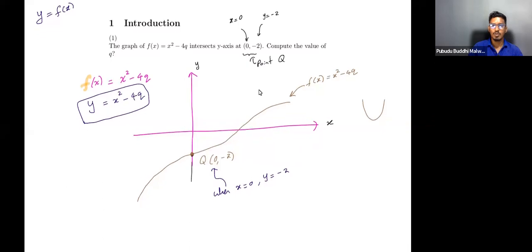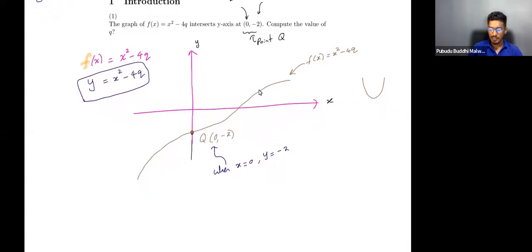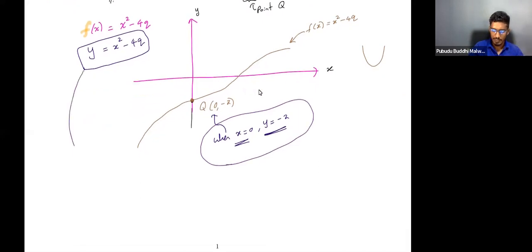So according to this point, when x equals 0, y equals -2. And more importantly, this point is on the curve, on this function. Therefore, this point should satisfy the function, this equation, in other words.